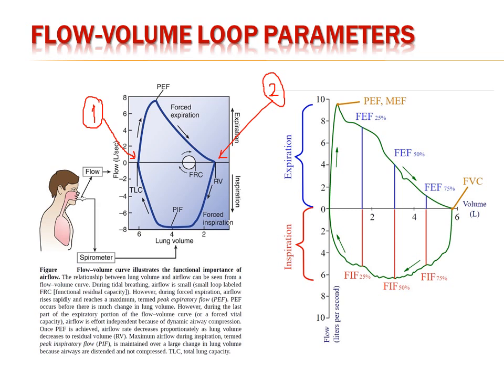It's the mean of the flow between the value of 25% and the value of 75%, meaning we take how much the flow is when 25% of the expiration has been performed, and what the flow will be when 75% of the expiration is performed, and we take the mean value of these two values.